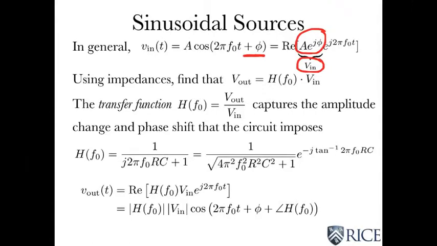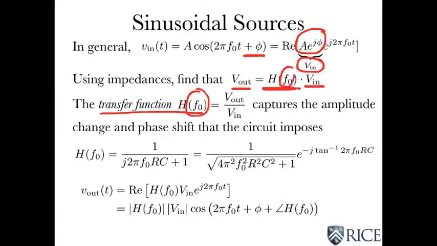Using impedances, we're always going to find that the complex amplitude of the output is equal to something, whatever the circuit does, times the complex amplitude of the source. This something it does is called a transfer function. And if you look back over what we've done, it always depends on frequency.